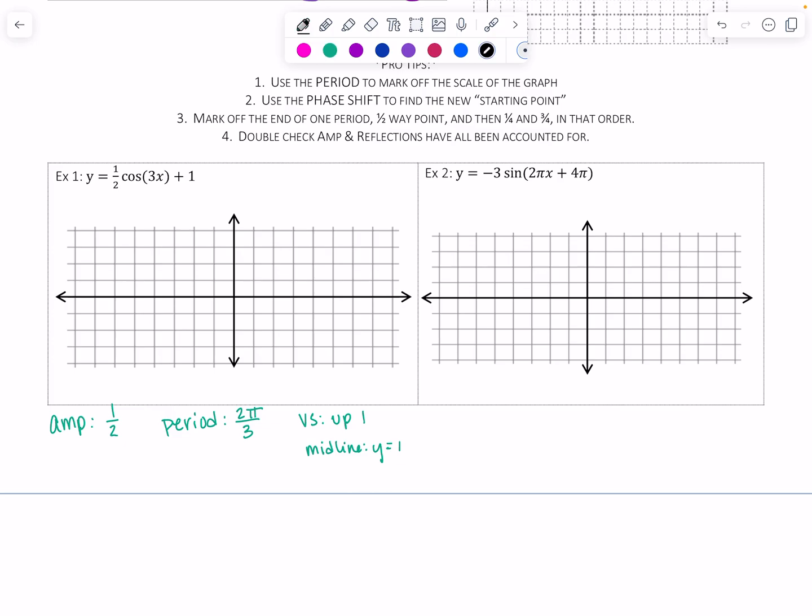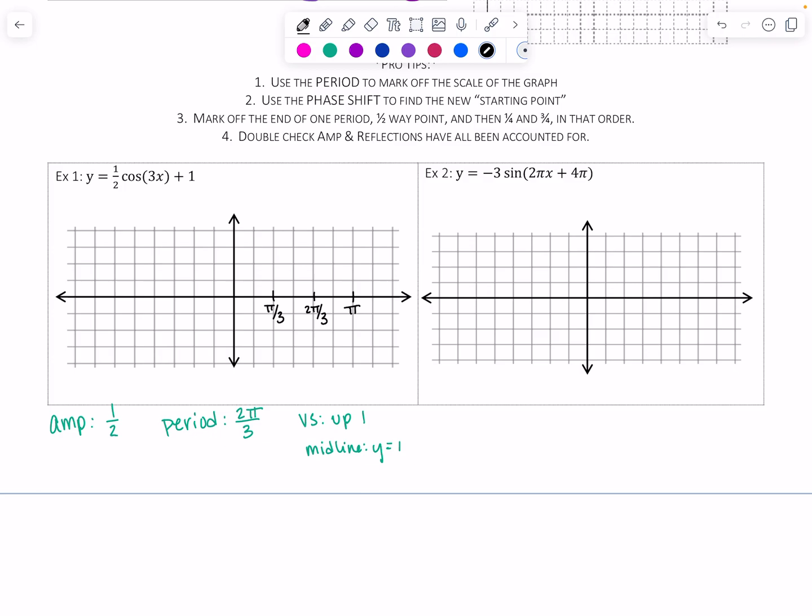All right, so from here, it's time to scale our graph. When we're scaling our graph, I know that I'm going to have to get through 2 pi over 3. I also want to be able to split up 2 pi over 3 into 2 sections. So I'm going to want pi over 3, so I'm going to start here with pi over 3, and then I'm going to have 2 pi over 3, and this is going to get me to 3 pi over 3, aka just pi.